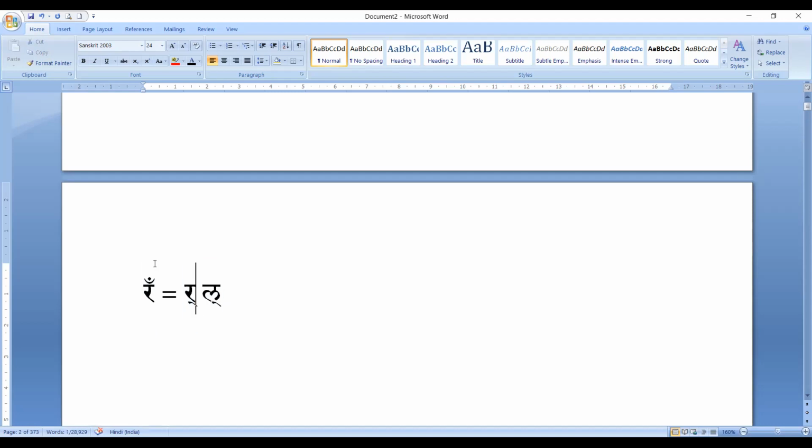Therefore, whenever Rikara or Likara is replaced by unlettered, Repa or Lakara respectively will be appended. If Rikara is replaced by unlettered, un is A, I, U, then Repa will be appended.